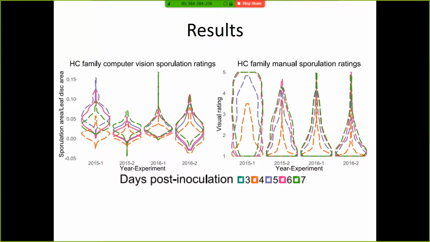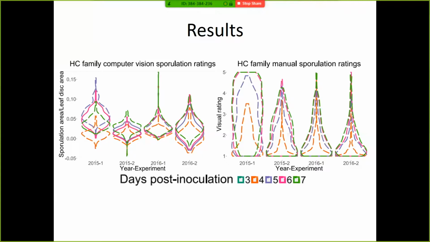So now going on to the computer vision results for the HC family. So this family had leaf trichomes. And so the computer vision ratings were the ratings after accounting for the leaf trichome computer vision ratings, which were simply the computer vision ratings at 2 days post-inoculation prior to any sporulation on the leaf discs.